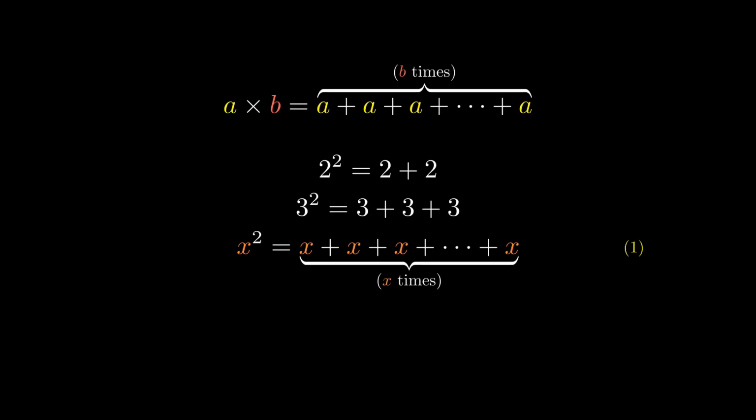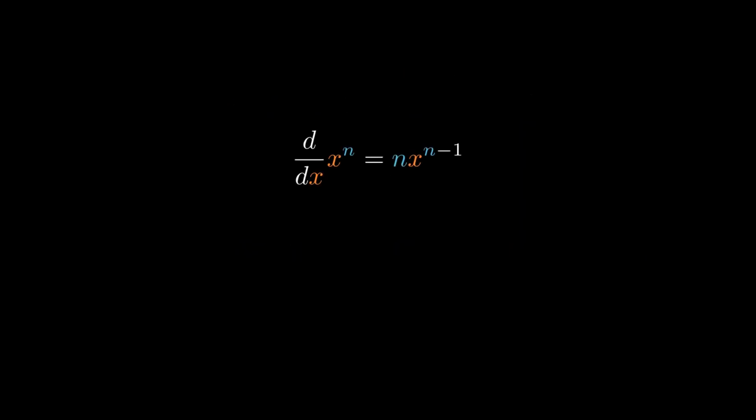At this point, we will need a bit of high school calculus. Don't worry if you have not learned it or you are a bit rusty, we will use just one result. The derivative of a polynomial x to the n, that is d/dx of x to the n, is given by n x to the n minus 1. Now let us consider equation 1 once more.